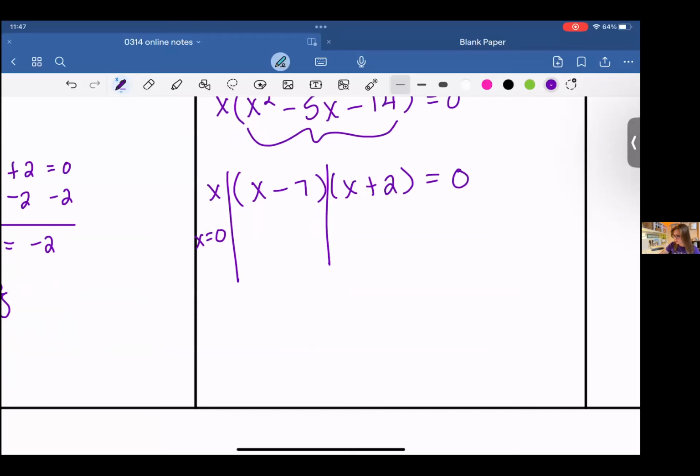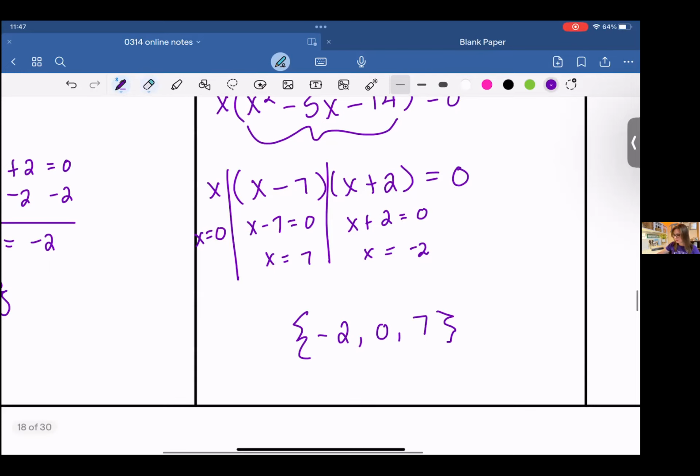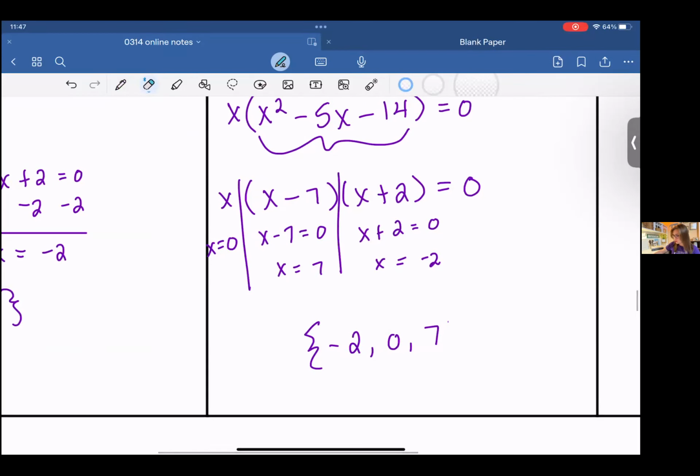X equals 0, x minus 7 equals 0, x plus 2 equals 0. So we get positive 7, negative 2. So we actually have 3 solutions on this one. Again, not a quadratic. Negative 2, 0, and 7. It has 3 solutions because it is a cubic function, so it has x to the third, which means it has 3 solutions.